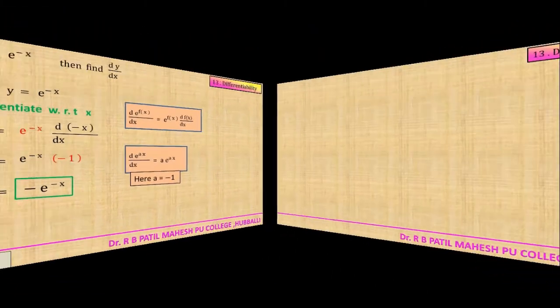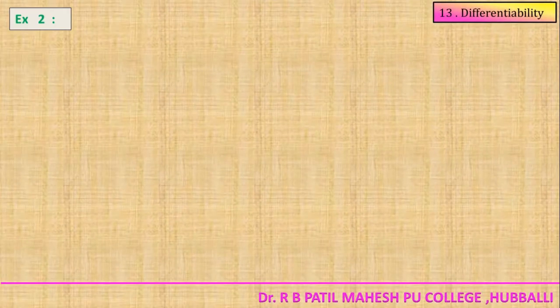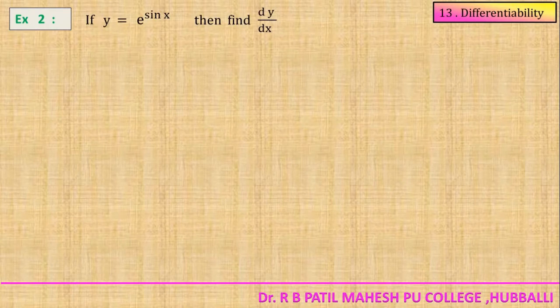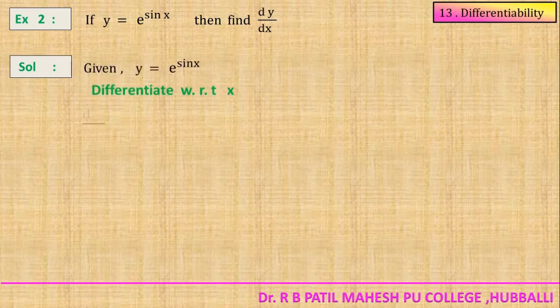Now go for the second example. If y is equal to e raised to sin x, then find dy by dx. This is also a composite exponential function. So first write the given function, then differentiate the left side, dy by dx.